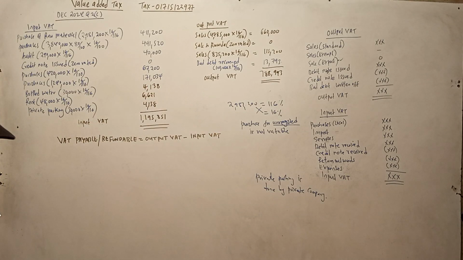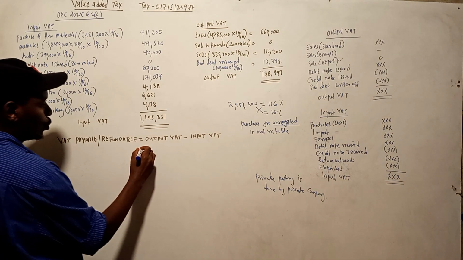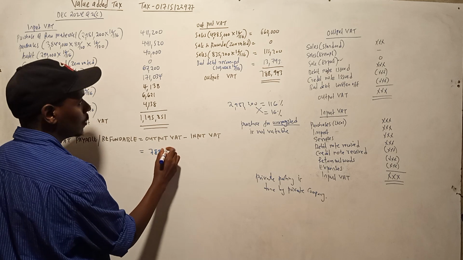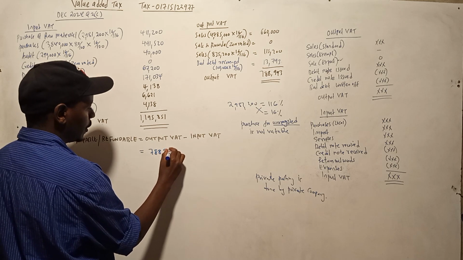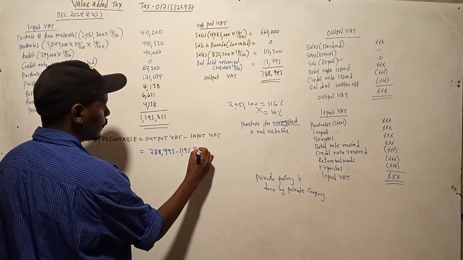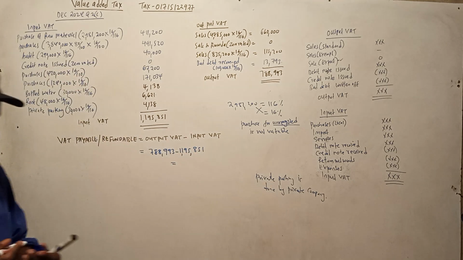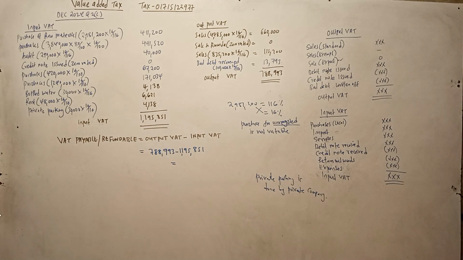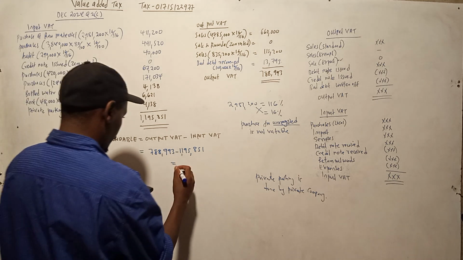Let us see if it is payable or refundable. 788,993 minus 1,195,851. It is a negative figure, meaning it is refundable.